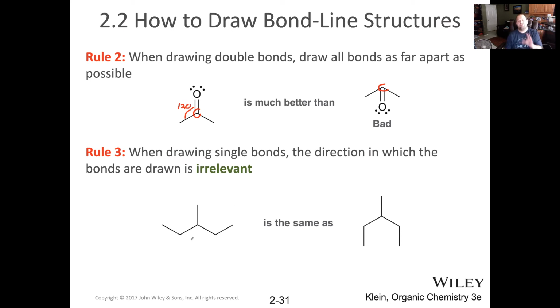Now, that's for double bonds, because that's when the carbon would be sp2 and have trigonal planar geometry. For single bonds, or let's just say when you've got single bonds connected to an sp3 carbon, so there's no double bond anywhere on that carbon, then generally speaking you can orient those bonds in any geometry, or at least you can put them in different ones and still be accurate.